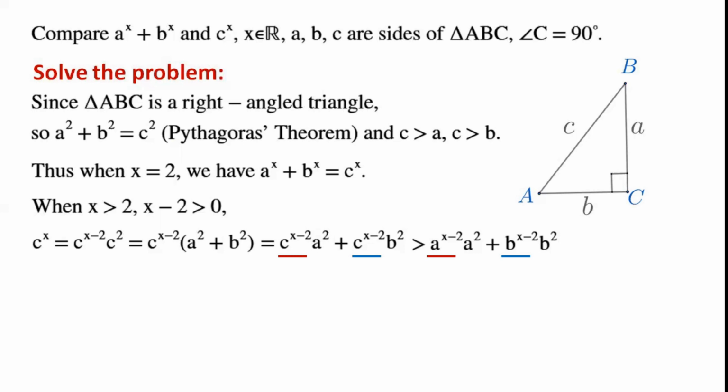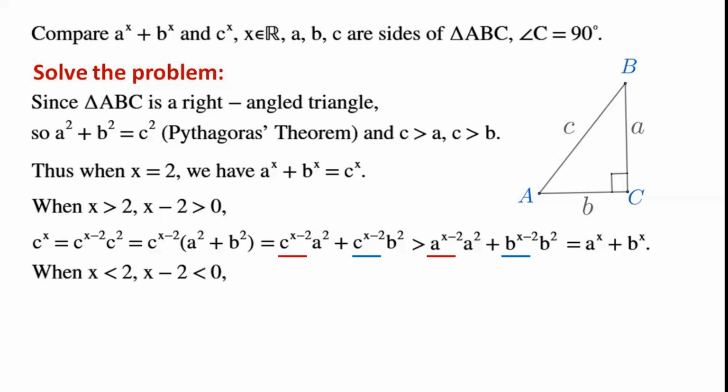Similarly, c to the power of x minus 2 is greater than b to the power of x minus 2. A to the power of x minus 2 times a squared equals a to the power of x. Similarly, b to the power of x minus 2 times b squared equals b to the power of x.